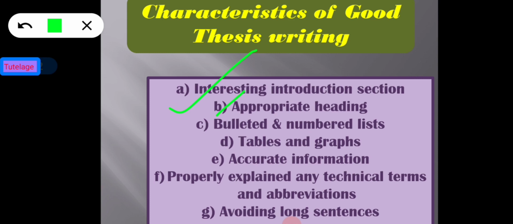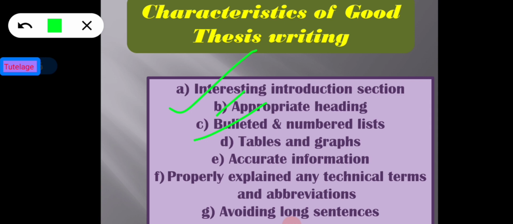And now going to the third point, bulleted and numbered lists should be used wherever necessary to present information in points. So bulleted and numbered lists are also important for presenting the information point-wise.